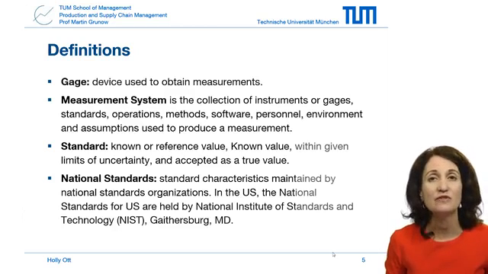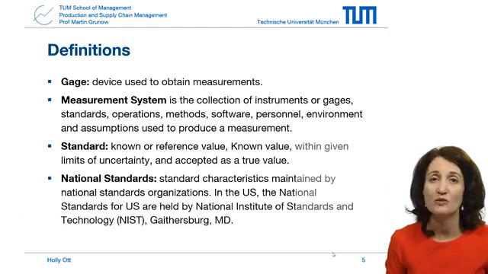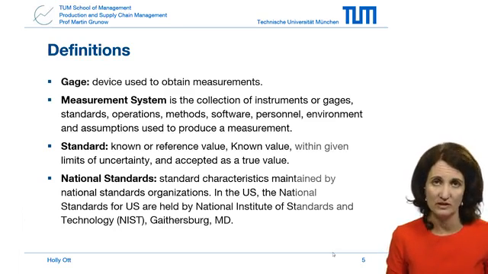For the United States, for example, the national standards are maintained by NIST, the National Institute of Standards and Technology, which is in Gaithersburg, Maryland. Every industrial nation has a national standard organization of its own, which maintains the national standards for that country and regularly exchanges with other countries.